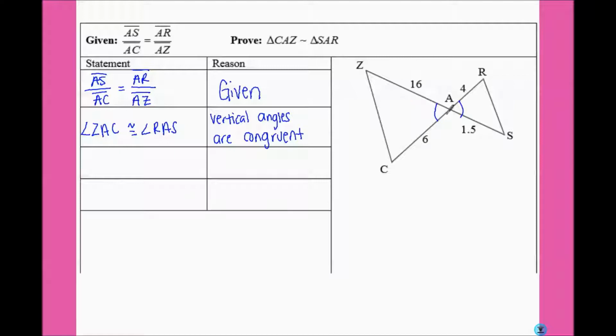Now we have side angle side. And that's how we know that triangle CAZ is similar to triangle SAR.